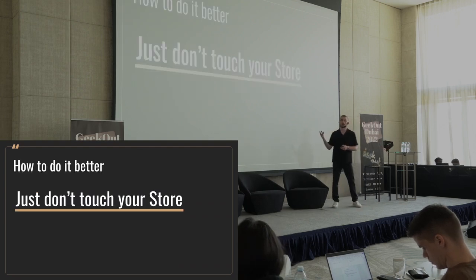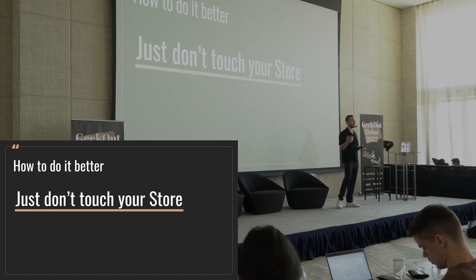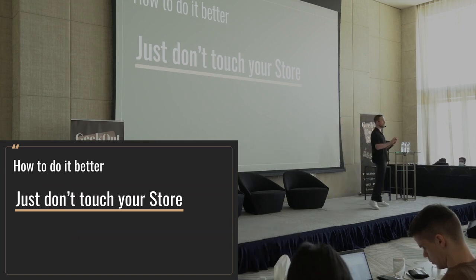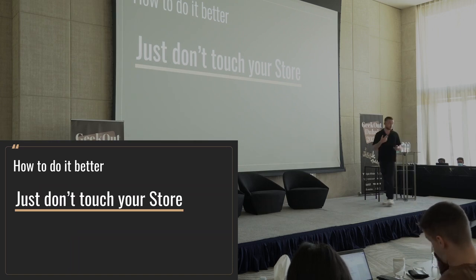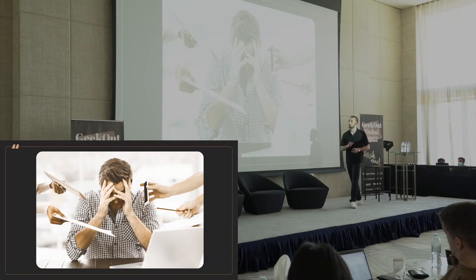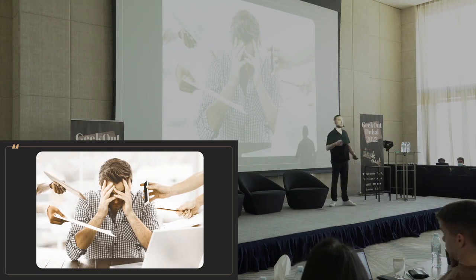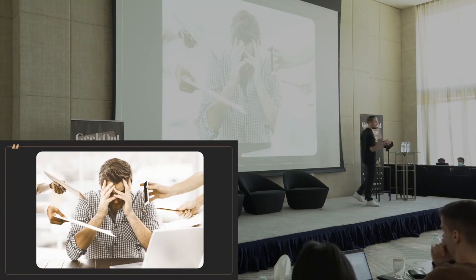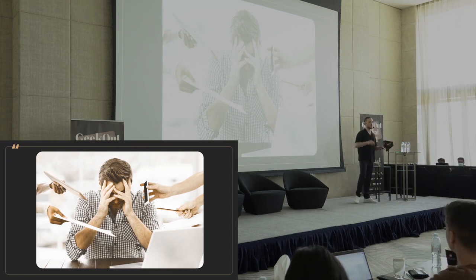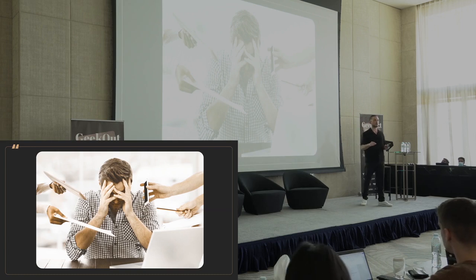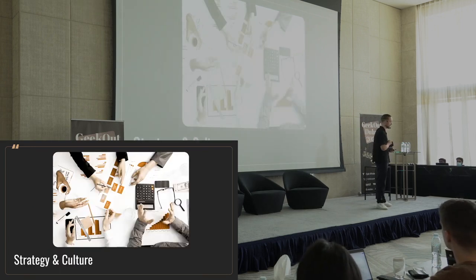And how to do better is, when you have an A/B test live, just don't touch your store at all. Just let them run, do their job, and then you have the correct data, and then you can analyze it or work on that. And after all, obviously, having the correct setup plays a huge part in having the correct results and understanding them, because wrong intel is even worse than having no intel at all.